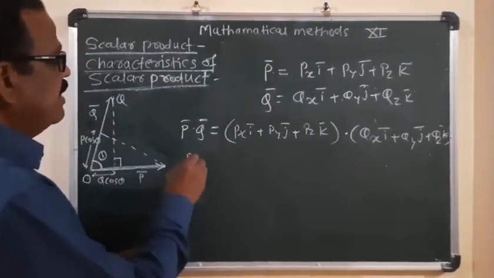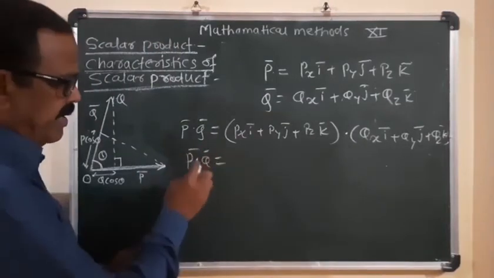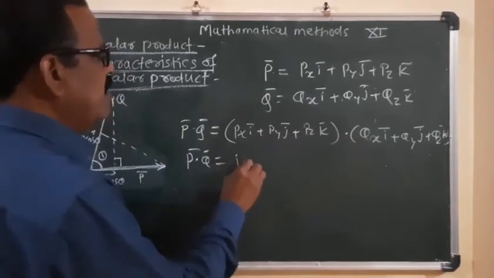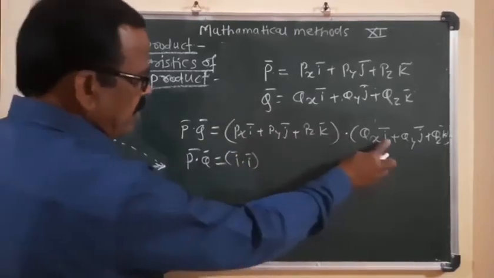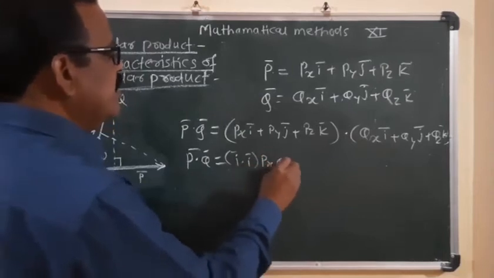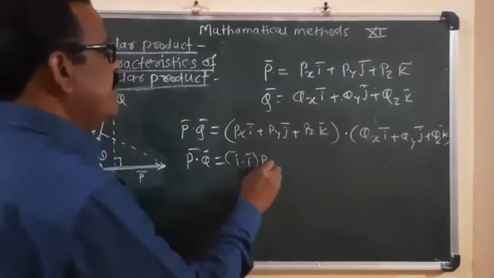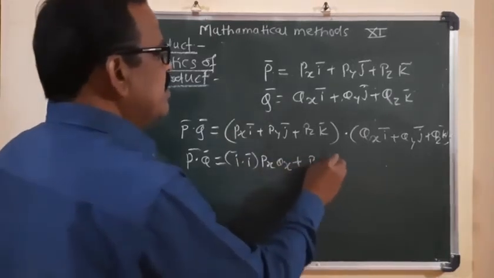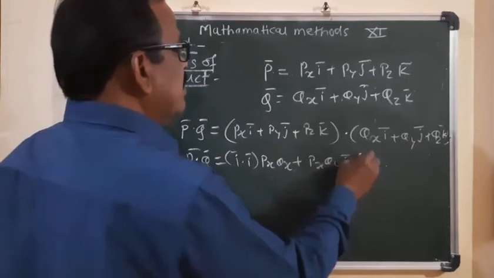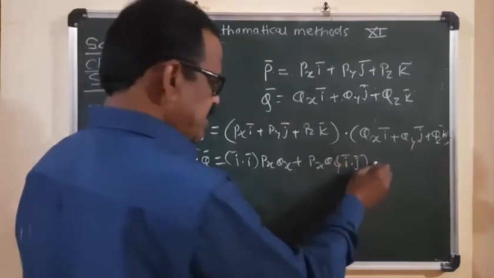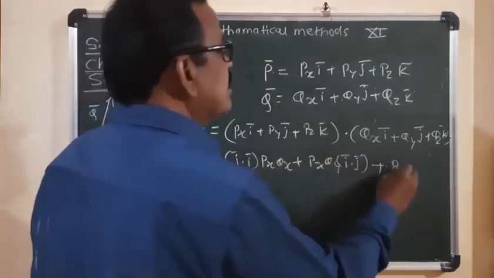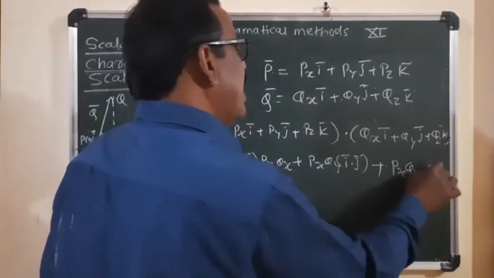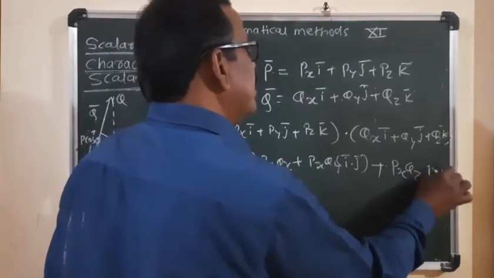Therefore, we write here P bar dot Q bar is equal to Px Qx I bar dot I bar plus Px Qy I bar dot J bar plus Px Qz I bar dot K bar.